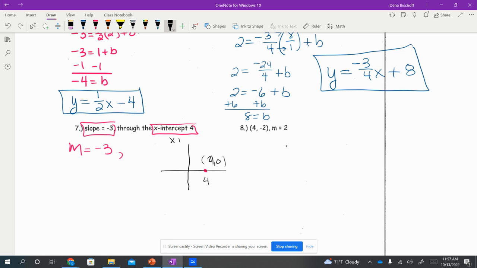So the x-intercept happens when the y-coordinate is 0. It doesn't matter what the x point is, the y-coordinate is 0. So I have the ordered pair 4, 0. This is no different than what we just did. So I have the equation y equals -3x plus b, but I'm going to plug in a 0 for my y, and a 4 for my x.